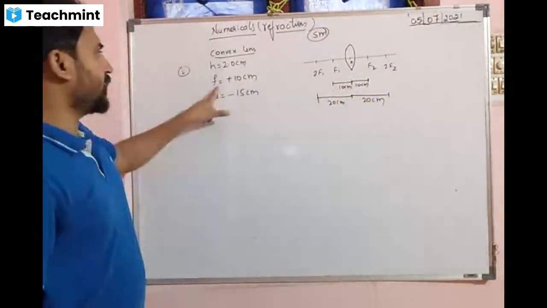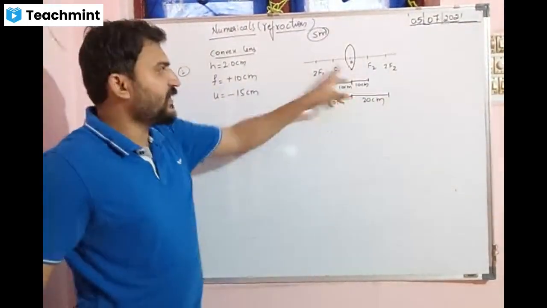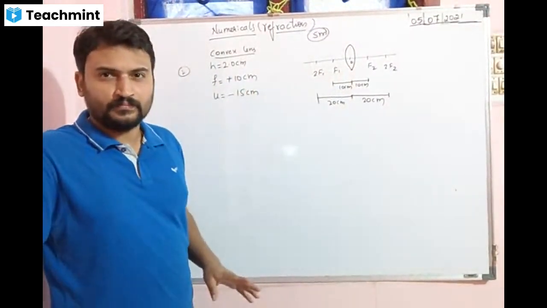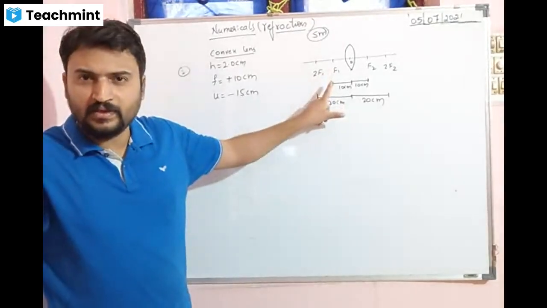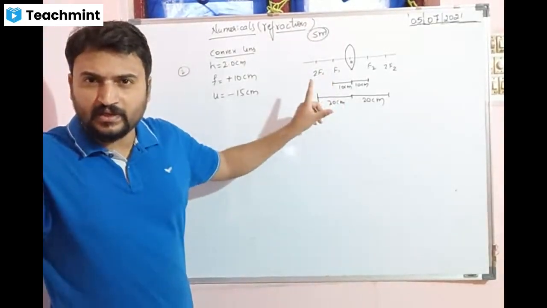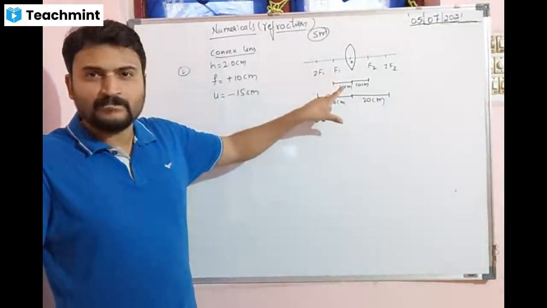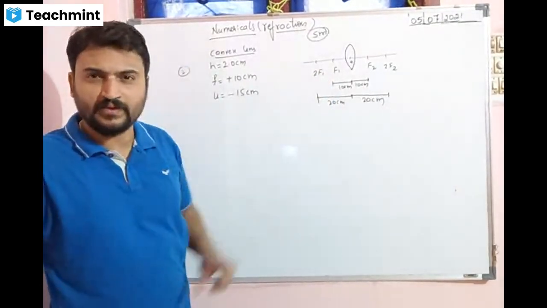Now where is the object? The object is 15 centimeter. Where does 15 centimeter fall? Between what does it fall? Can you see the diagram clearly, or do you want me to draw it bigger? You can zoom and see.